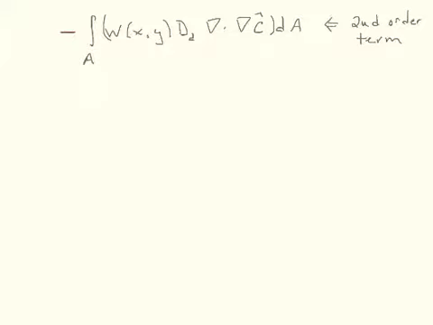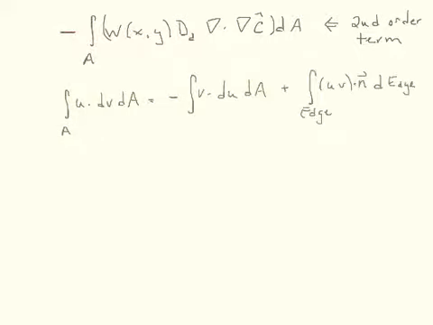I'm going to write in green what our integral was. It was over the area, and I'm writing it because I want to point out the sign. Note those two signs, because of what we're going to get when we apply Green's theorem.